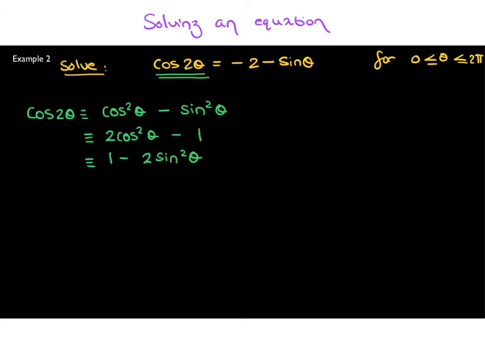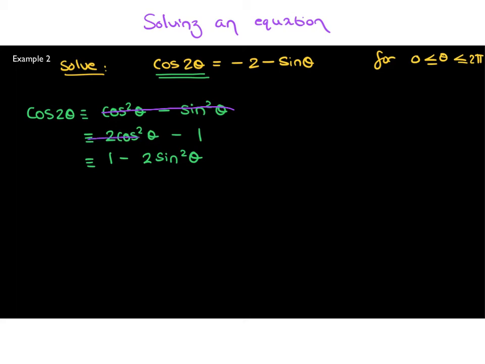Now, we know from previous work we've done on solving trigonometric equations that we can solve equations that involve sine squared and sine, but we can't if it's a cos squared and a sine, or a sine squared and a cos. We can't have mixed up terms. So that then tells me that I would rule out this. I don't want to replace cos 2 theta with this because then I'd have an equation that mixed up cos squared, sine squared and sine.